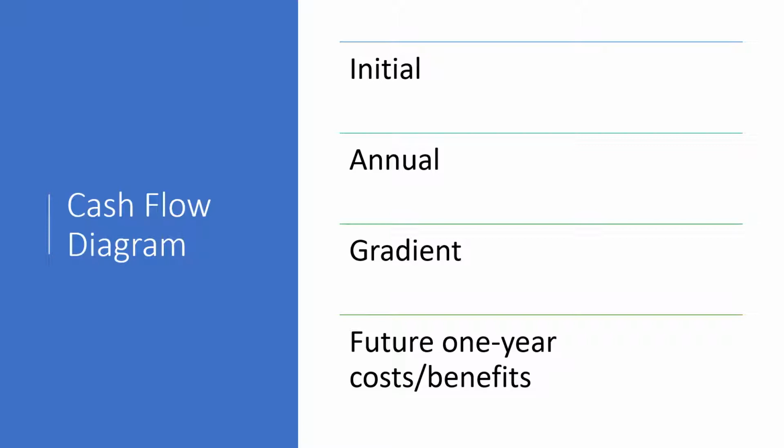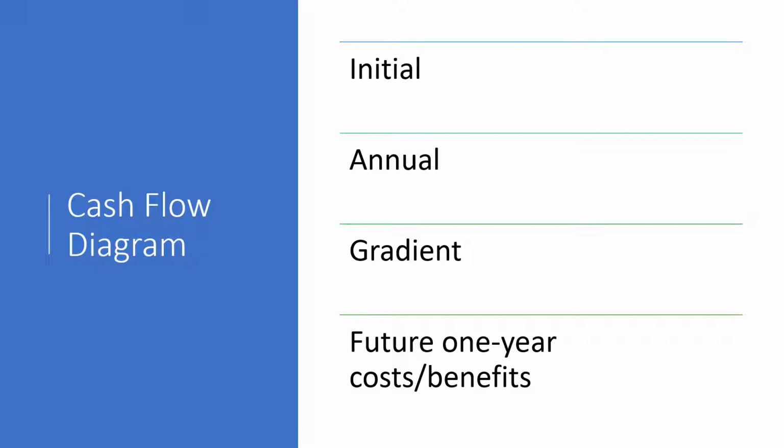Gradient. A gradient is essentially, in this case, an arithmetic gradient. In other words, it's going to be going up by a constant value at each of the time periods. And the way it's represented, the gradient series in year one is going to be 0, and then the next year it's going to be incremented by some amount, and then incremented again in the following year.